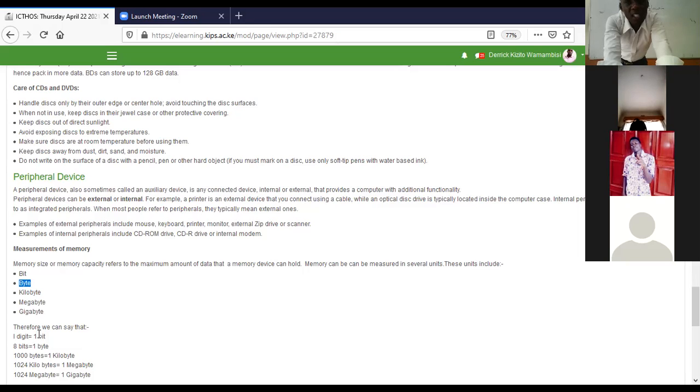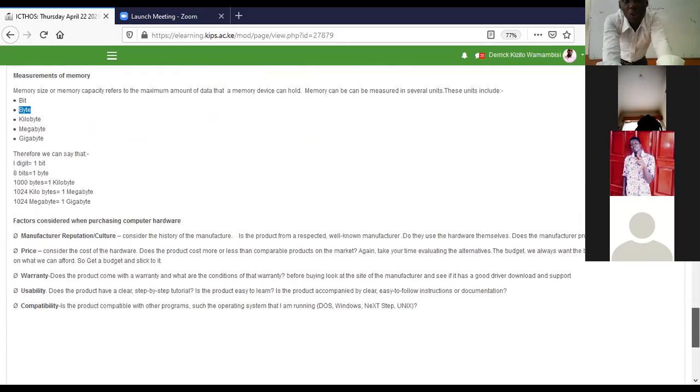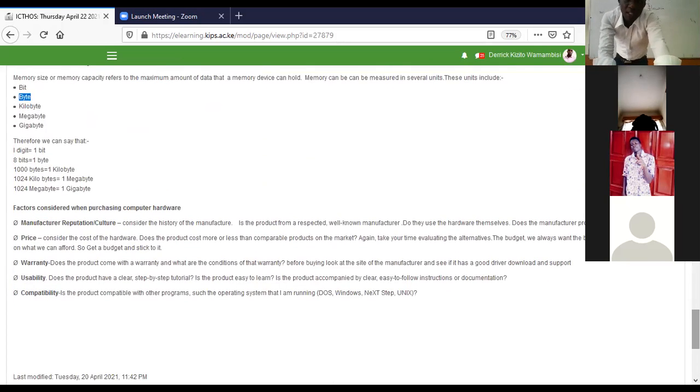And we have said a digit is either 1 or 0. 8 bits, meaning 8 digits, that is 1s and 0s reaching 8, is equal to 1 byte. 8 digits or 8 bits is equal to 1 byte. 1000 bytes is equal to 1 kilobyte. Then 1024 kilobytes is the same as 1 megabyte. 1024 megabytes is the same as 1 gigabyte. So basically, that's what you call storage capacities, measurements.